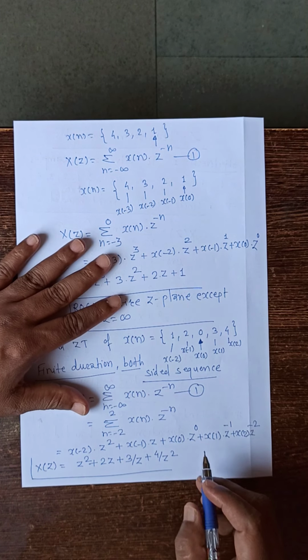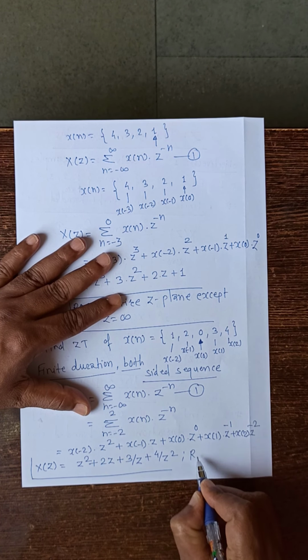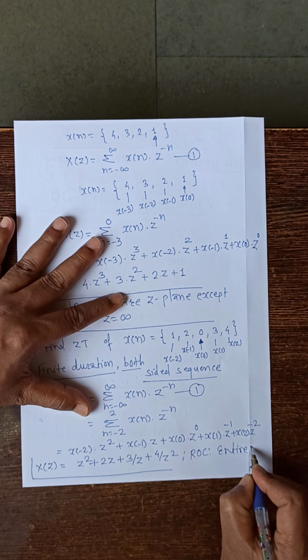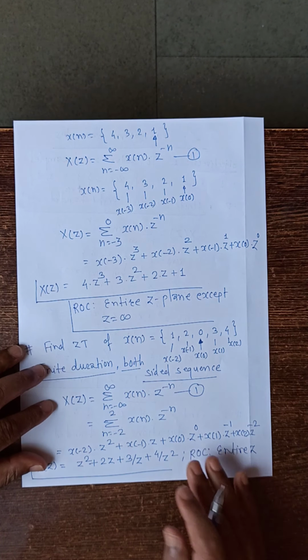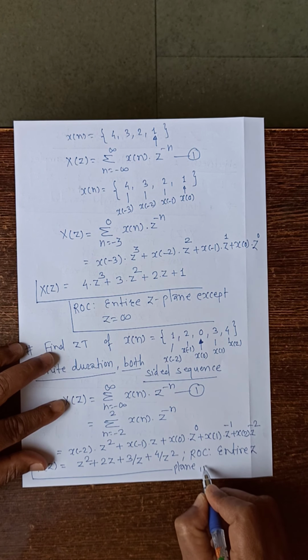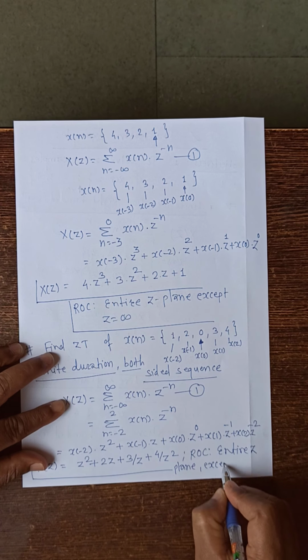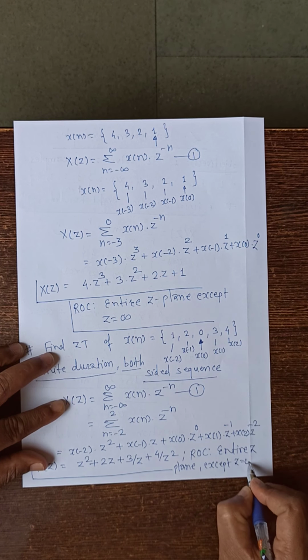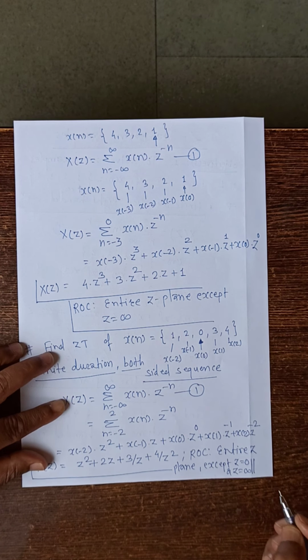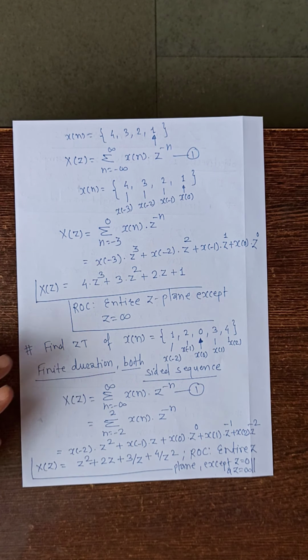So we can write the ROC is the entire z plane except z equal to 0 and z equal to infinity. So this is the ROC for a finite duration both-sided sequence. Okay, thank you.